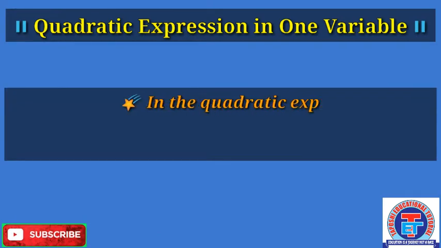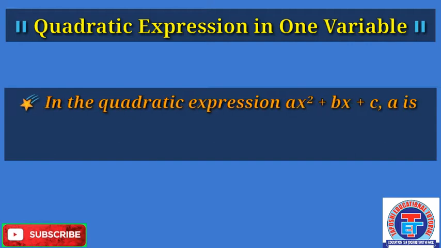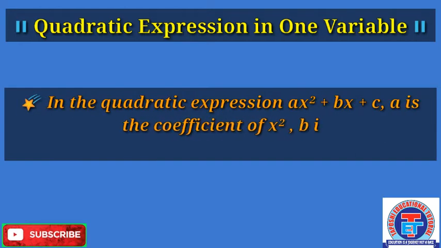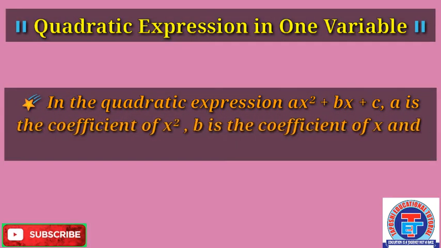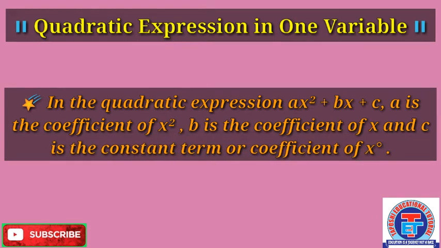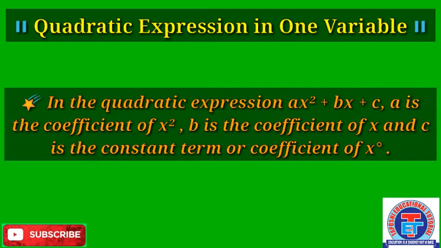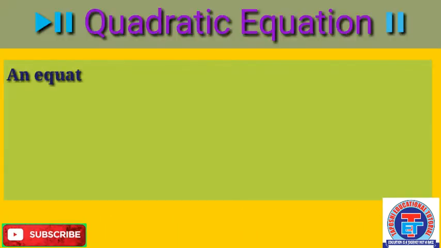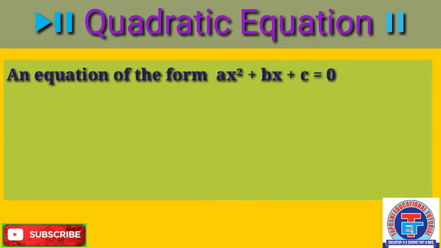In the quadratic expression ax square plus bx plus c, a is the coefficient of x square, b is the coefficient of x, and c is the constant term, or coefficient of x to the power 0. Right, student? Now we understand the quadratic equation.